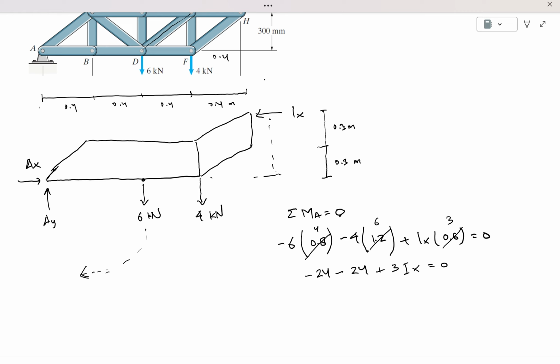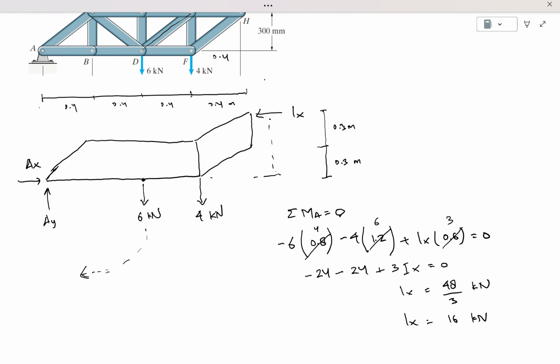So if you move minus 24 to the right side, you will have Ix equals 48 divided by 3 kilonewton. Ix is 16 kilonewtons, and it is positive, which means that the direction that we assumed in the beginning for Ix is correct.